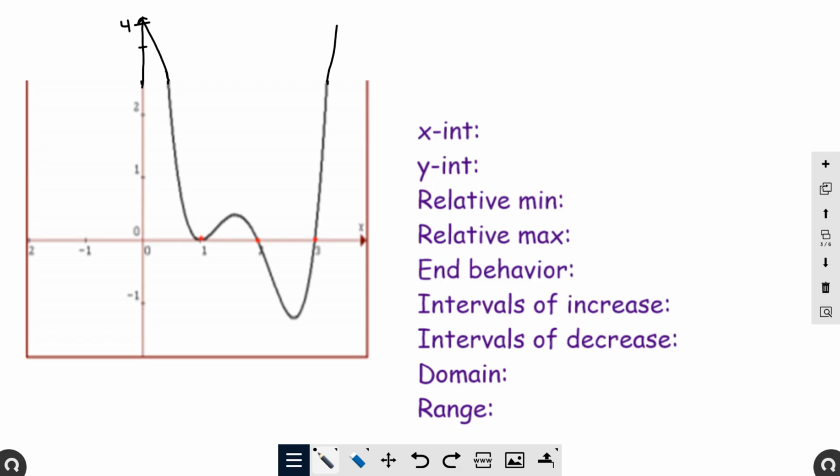All right, so let's start off with our x-intercept. Our x-axis is here, so it hits at 1, 2, and 3. Now, how many x-intercepts is that? 3. Should it have an odd number of x-intercepts? No, because the ends of the graph are going in the same direction. So one of those has a multiplicity. Which one? 1.